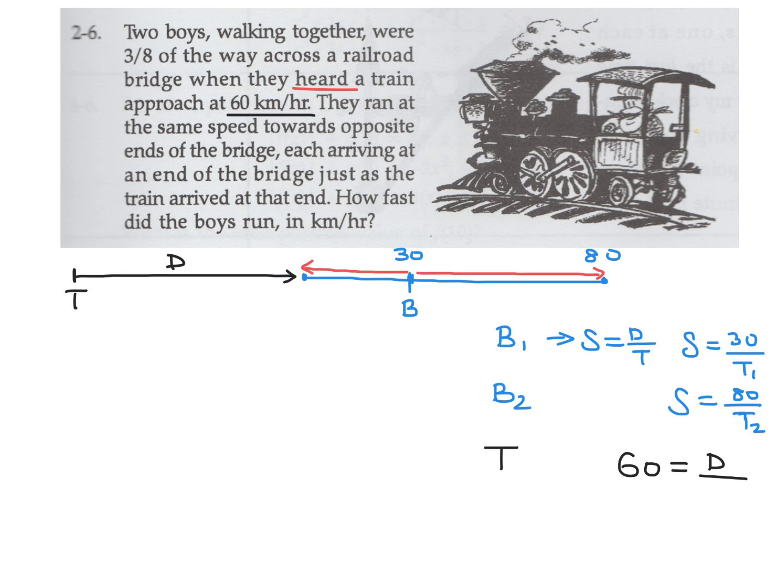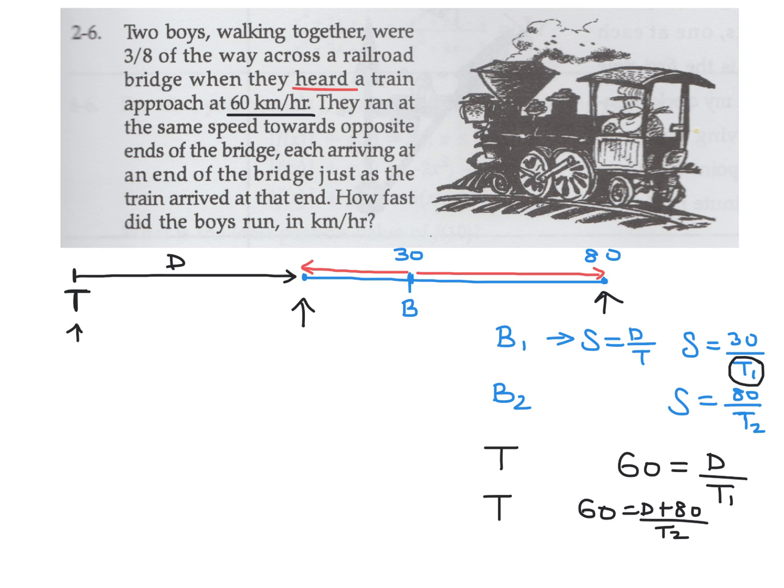The first is the train going from this point to this point. That time would be the same as T1, because the times have to match: the train reaches that point at the same time that boy 1 reaches it. And the second scenario is when the train reaches this point. So that distance is D plus 80, and that time is T2.